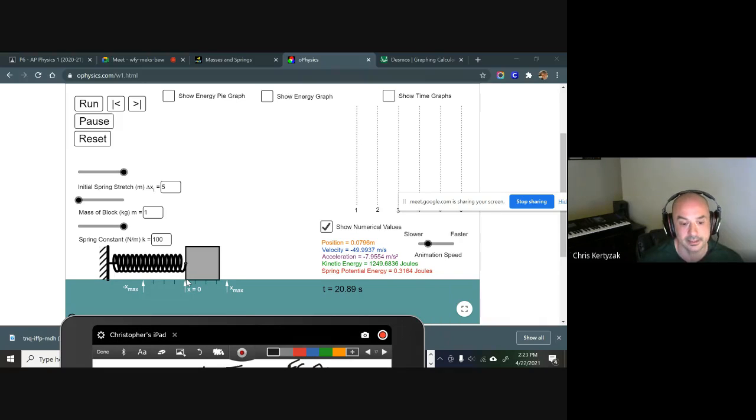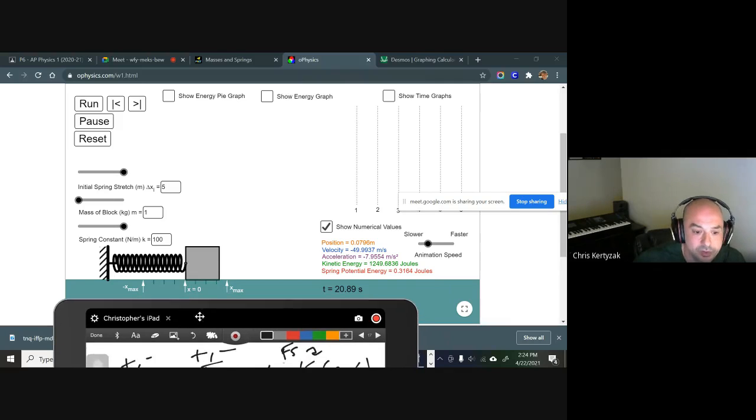And at its greatest speed in the middle, the kinetic energy is maximum. I'm sorry, all the mechanical energy is kinetic at this point. There's actually no spring force in that fastest moving position. No spring force and no acceleration. And then as it goes past this position, it's now slowing down, but the acceleration itself is increasing because the force is increasing.